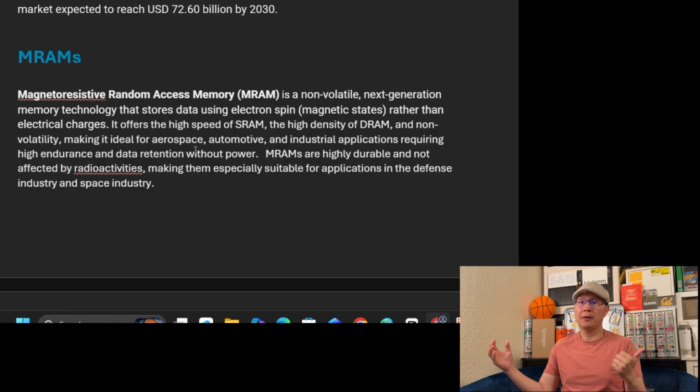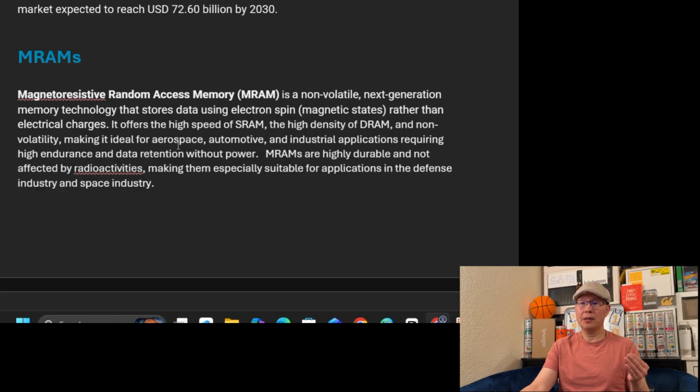So if you have a spacecraft or a satellite that is orbiting the Earth, you don't want the memories to be compromised easily. All this data is so important for our research and our future infrastructure build out. So yeah, we want it to not be easily compromised by radioactivity in space.